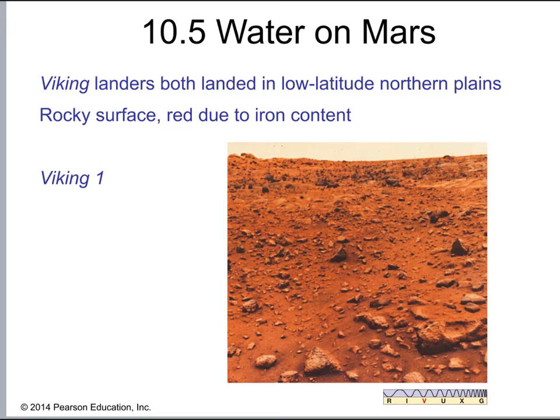Now, moving on, here is an image taken from one of the Viking space probes that landed on the surface of Mars. Again, it seems familiar to us here on Earth. This is not a picture that looks entirely alien, but one of the things that is weird is this stark red color. Mars is often referred to as the red planet, and it is covered in soil that has this reddish hue.